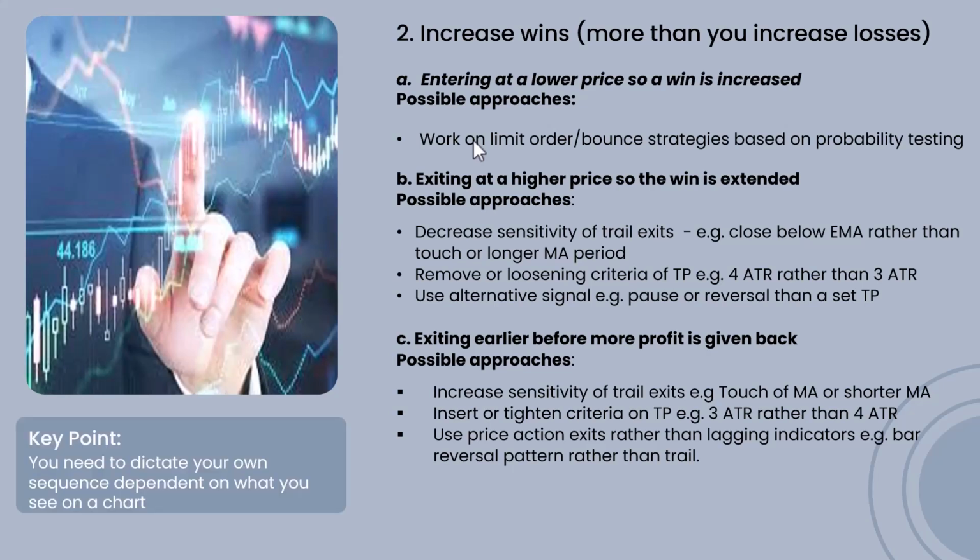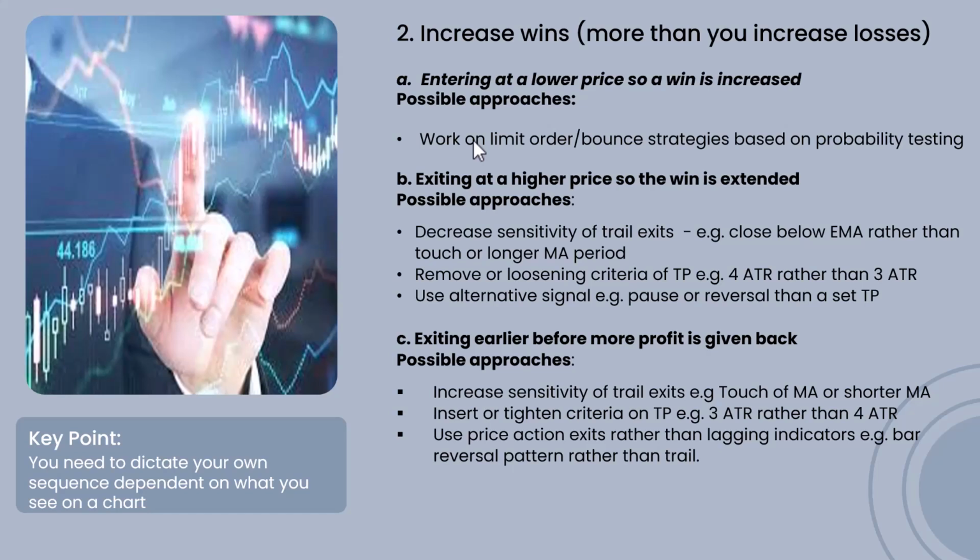Now, what you need to do is dictate your own sequence depending on what you see on the chart. What I mean by that is the best way to judge this is to not only look at the trades you've taken from the numbers, but physically go and have a look at the charts as to when those trades were actioned. Additionally, you would say, right, I'm going to look at this thing first, this thing second, this thing third.